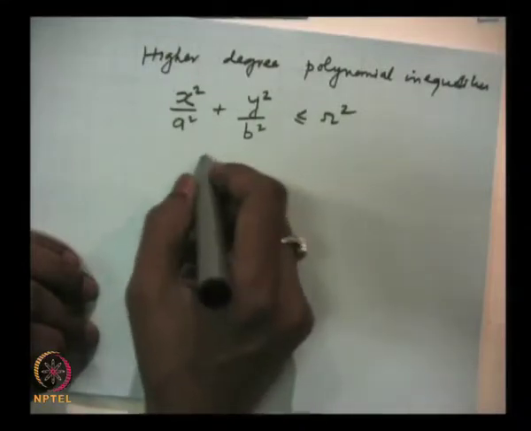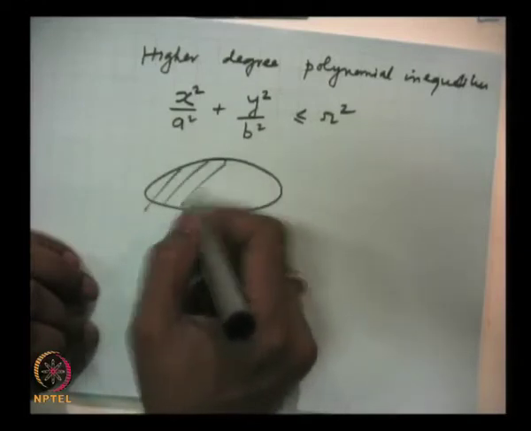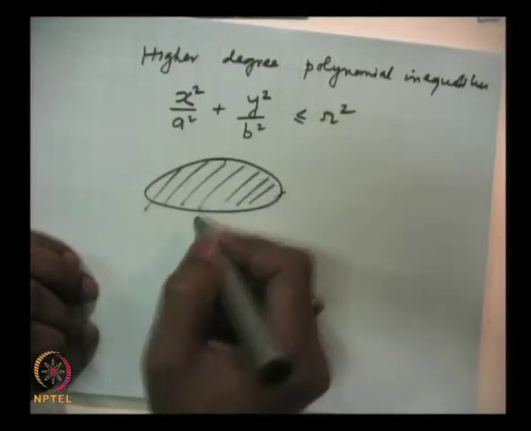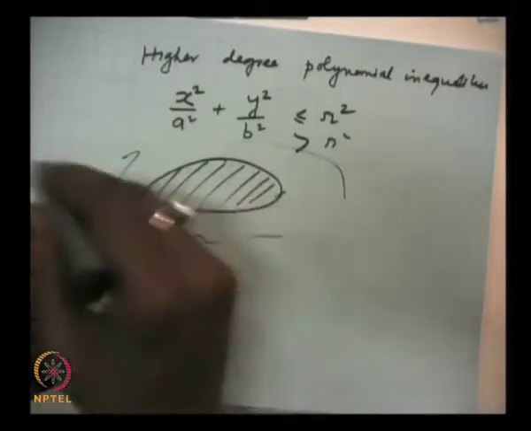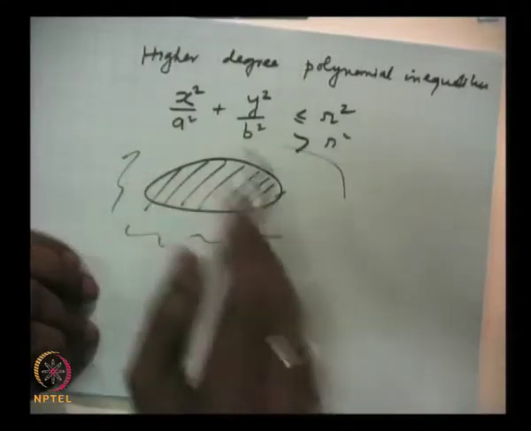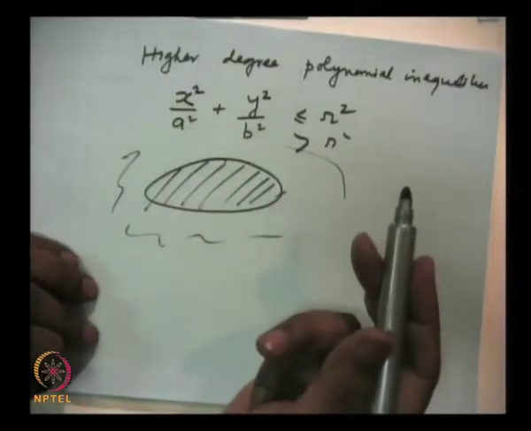So you have some kind of an ellipse, and this essentially says that this is the region we are talking about, and if you say greater than something, then it will be talking about these regions, right. And this is just a degree 2 equation.